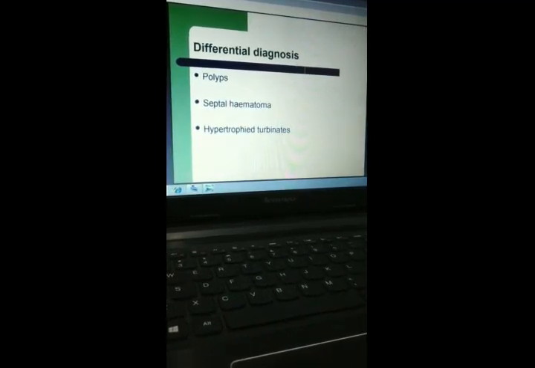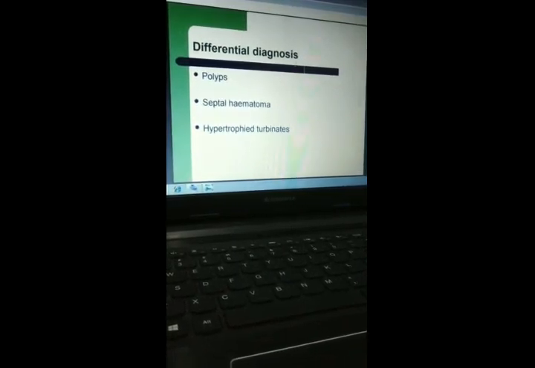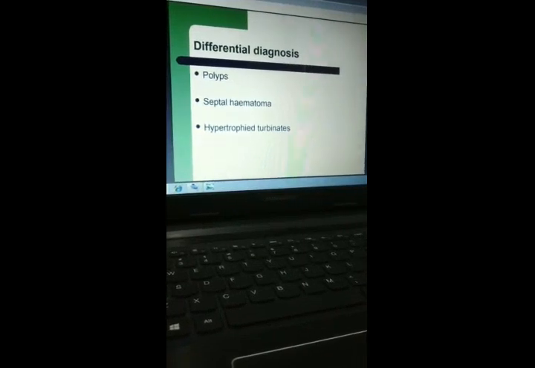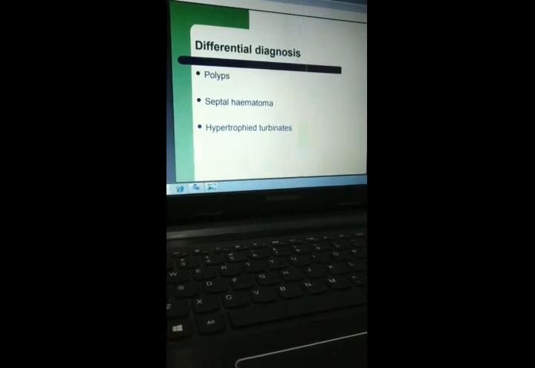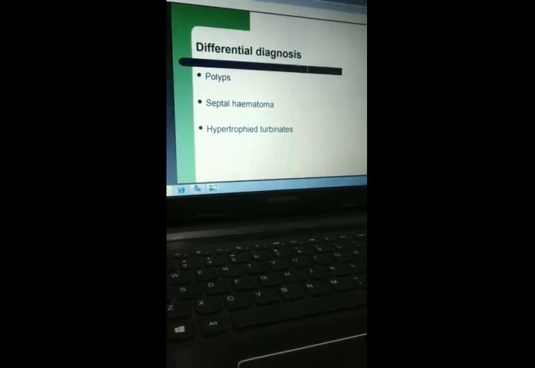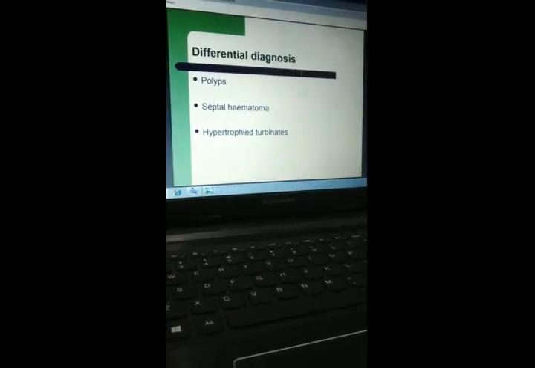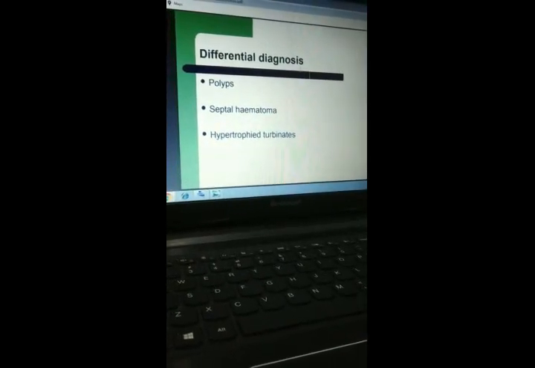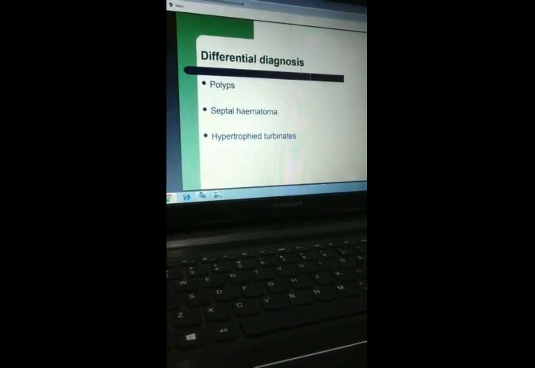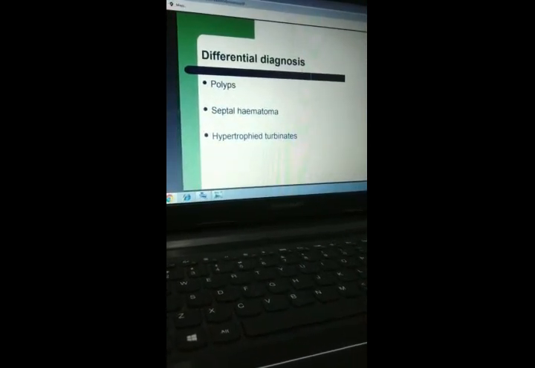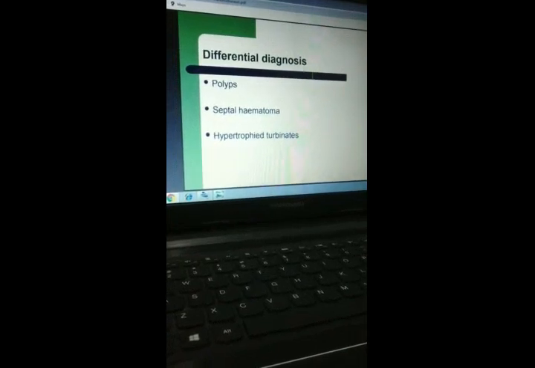On posterior rhinoscopy, we can see any polyp or any deviated bony part of the deviated nasal septum. Endoscopically, we can assess which part of the septum is causing obstruction and how much it is deviated from cartilaginous part to bony part.